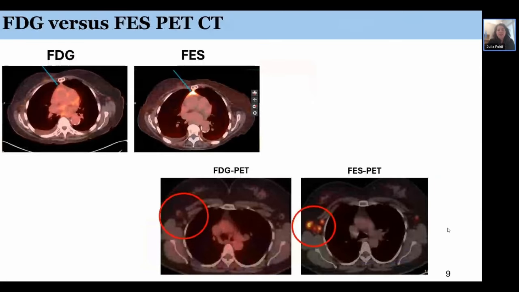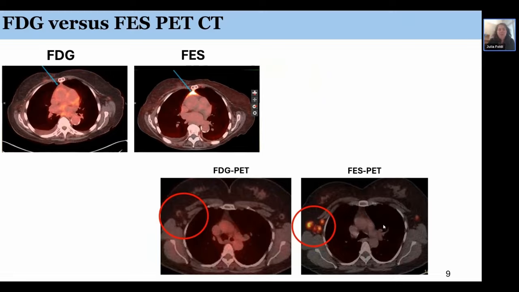So this is just another example of the difference between a glucose-based and the estrogen receptor-based PET scan. The bottom example is the one I showed earlier, just a little bit larger. And on the top, you can see another example of the same patient getting a glucose-based PET scan versus an estrogen receptor-based PET scan with a lesion.